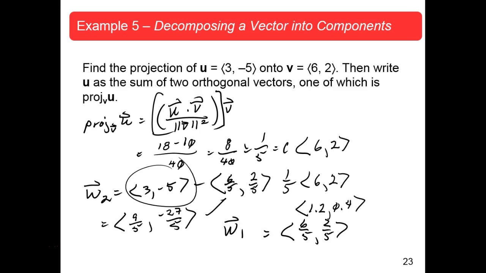Now, this says test 3. It's really test 4. I forgot to change the topic. So here's your Chapter 6 test.